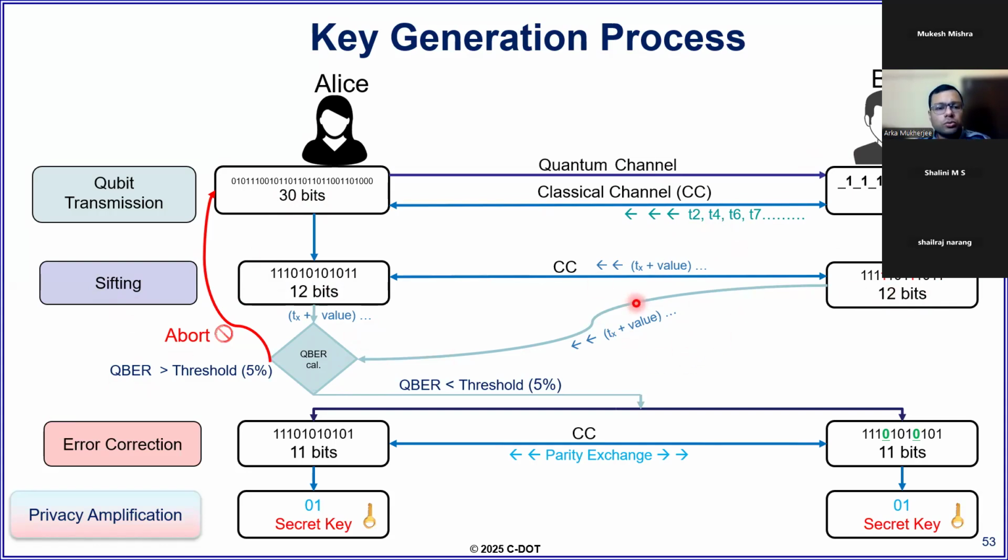After the disclosed bits, as the QBER was less than the threshold, we proceeded to error correction. And as the values were disclosed at this stage, we discarded those values, right? So we are left with 11 bits. And then after we corrected those 11 bits, they become identical. But during parity exchange, some information got leaked out. So to prevent information leakage, we compress this.